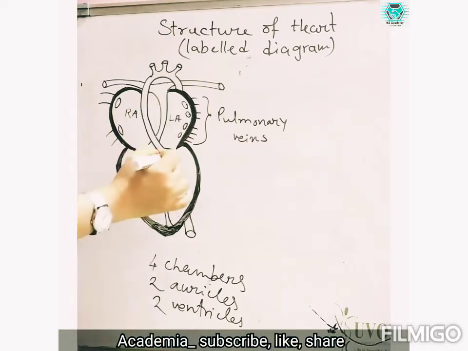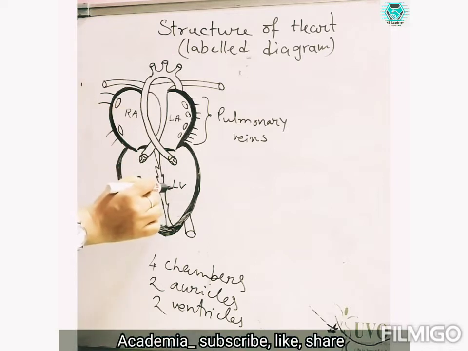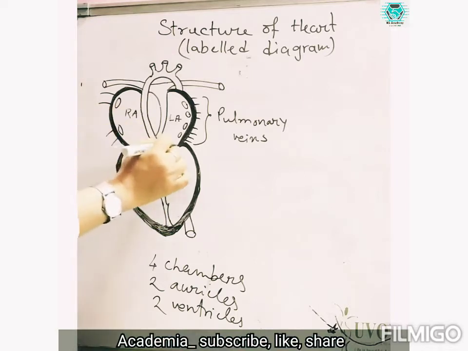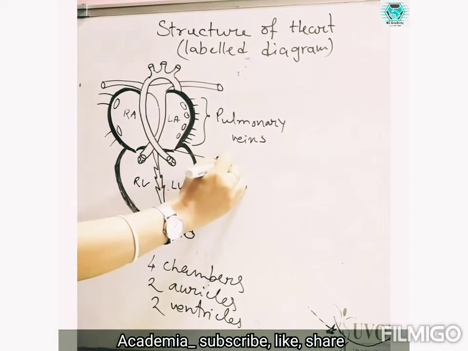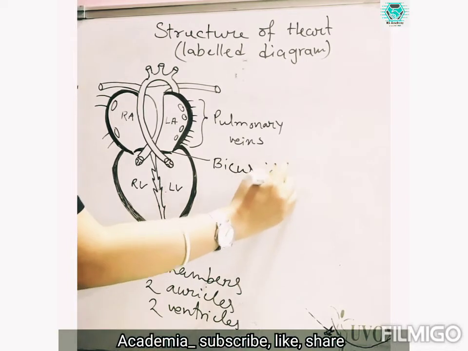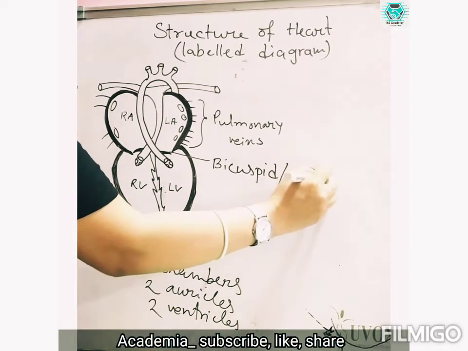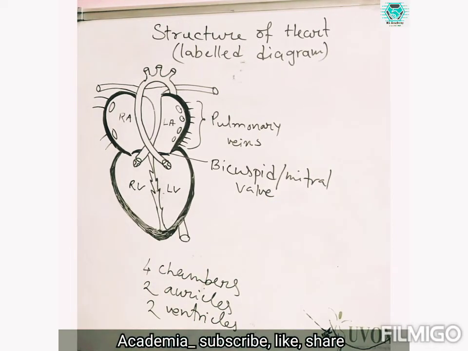Next, in between the left auricle and left ventricle, there are some valves which are called bicuspid or mitral valve. So why are they called bicuspid?